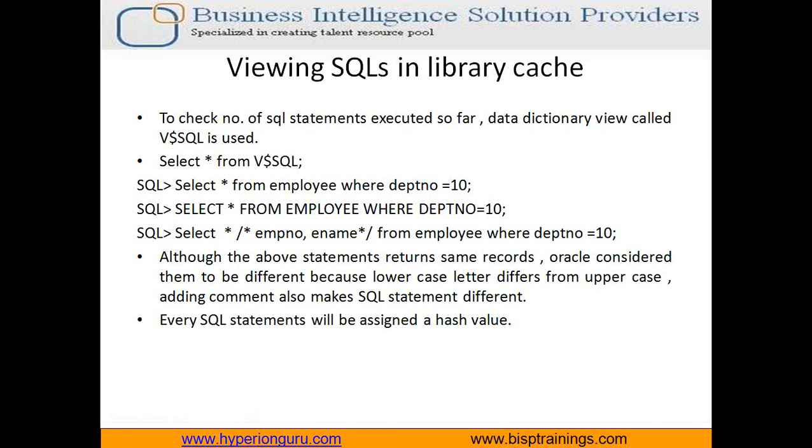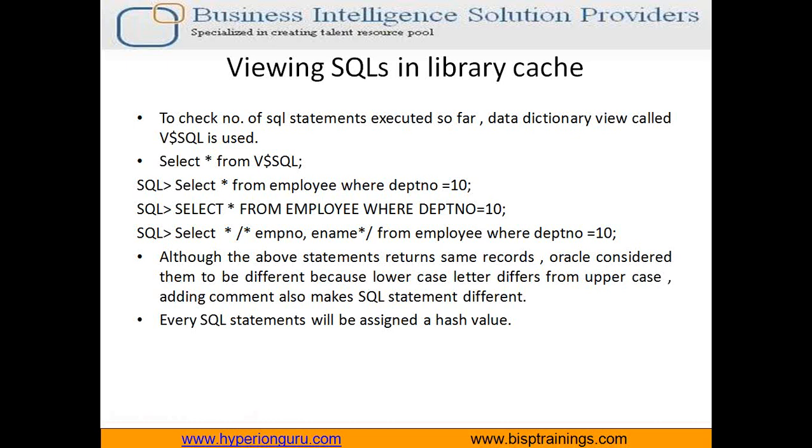Even here I'm showing you select star from employee where department is equal to 10, then select star from employee where department is equal to 10 in uppercase. Both will fetch the same number of records. Department 10 has, suppose, 5 employees, so 5 records in both select statements. But these two select statements have to be parsed twice because of the case sensitive checks during the parsing.